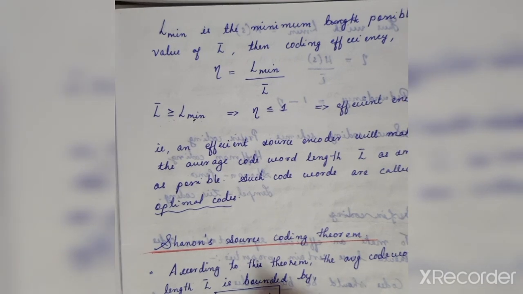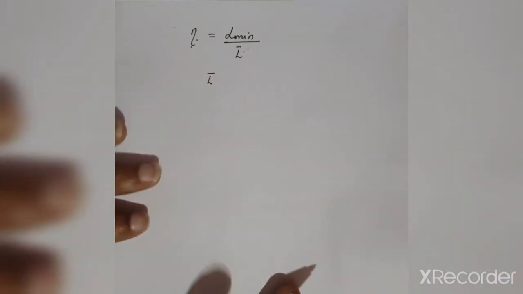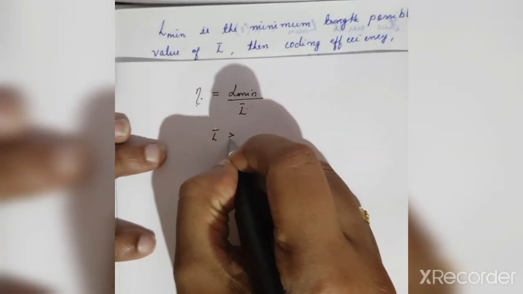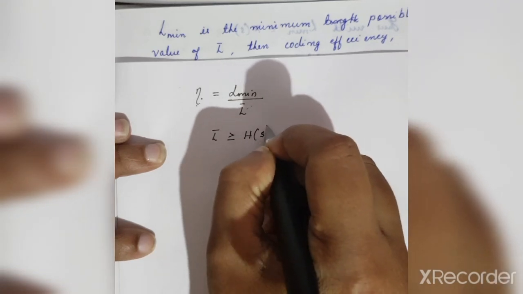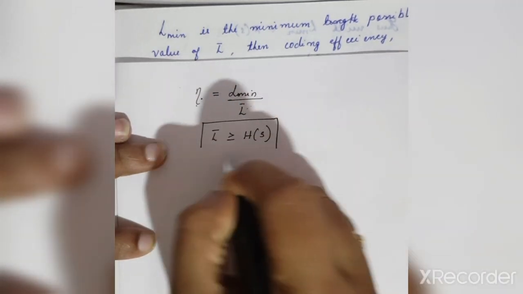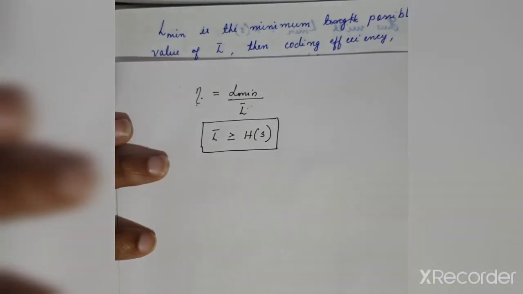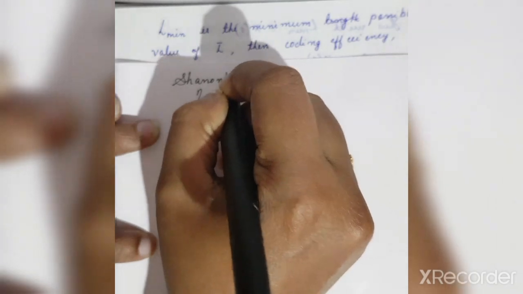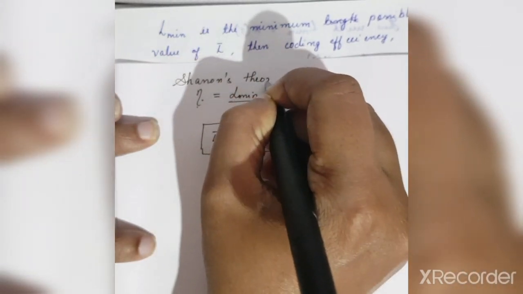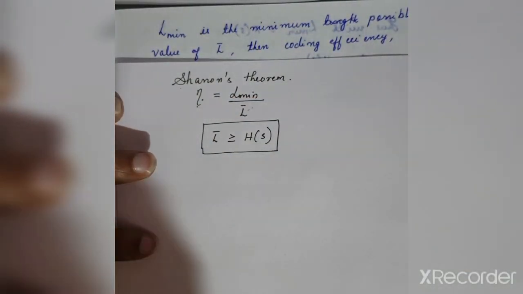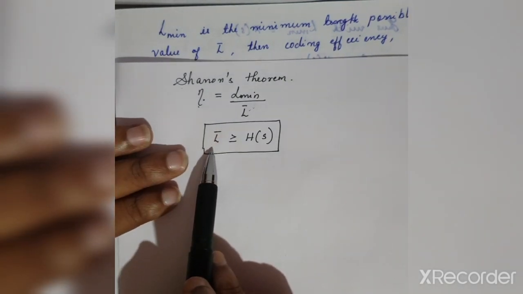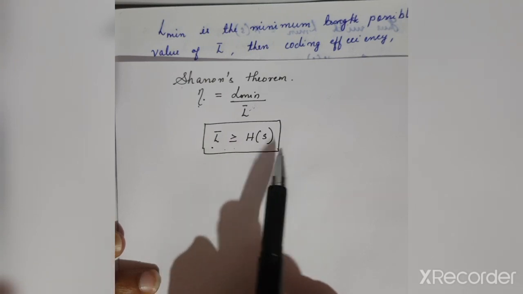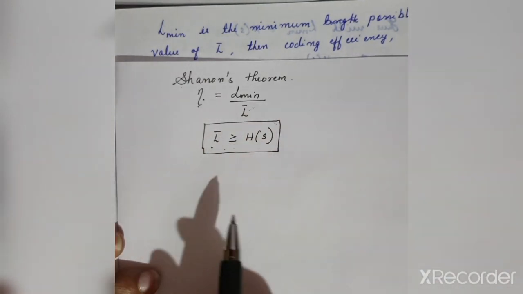According to Shannon's source coding theorem, your L bar is bounded as L bar is greater than or equal to H of S. This is Shannon's first theorem, or Shannon's source coding theorem. That is, your average code word length should be greater than or equal to H of S, where we know H of S is the entropy of the source.